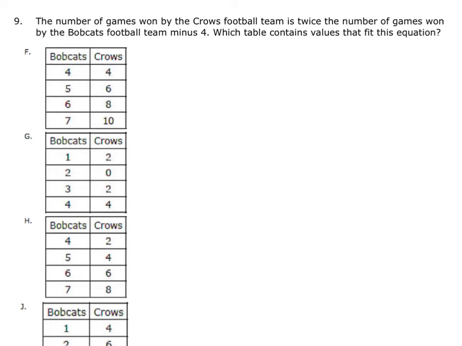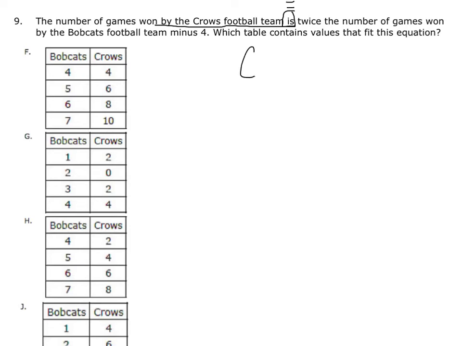The number of games won by the Crows football team is twice the number of games won by the Bobcats football team, minus 4. So it says which table contains values that fit this equation. Well, they didn't give us the equation, so I'm going to have to write it. So the games won by the Crows football team is, and is tells us there's going to be an equal sign there.